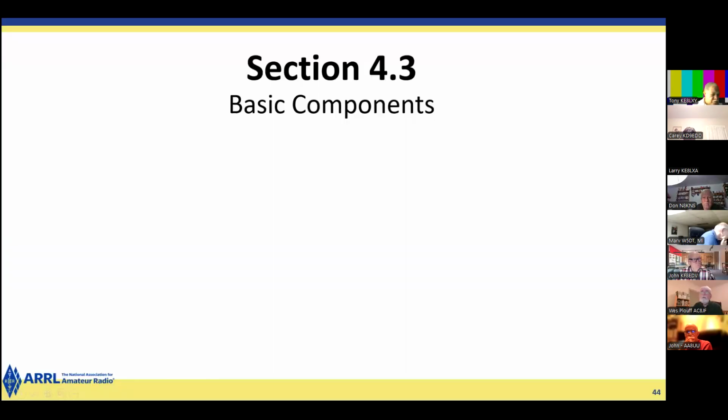Okay, can people see a slide that says section 4.3 basic components? Yes. Okay, so here we go.